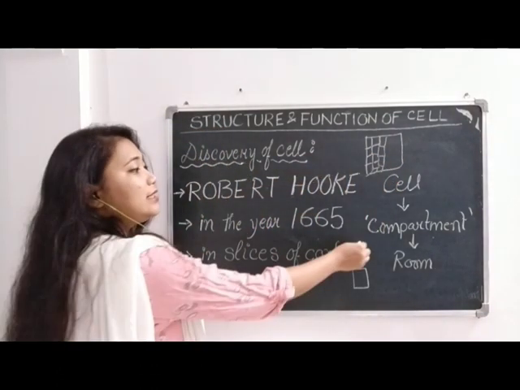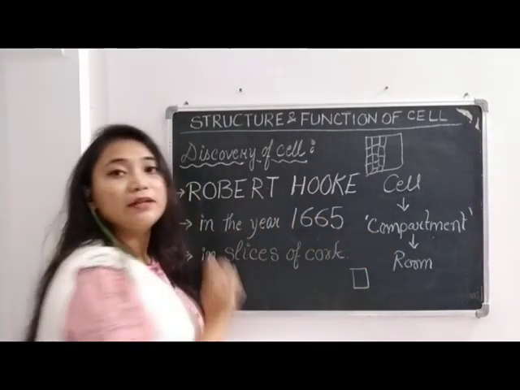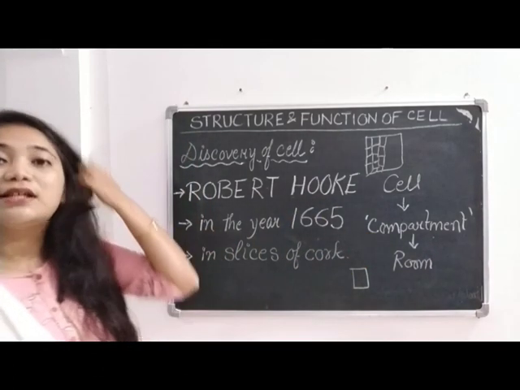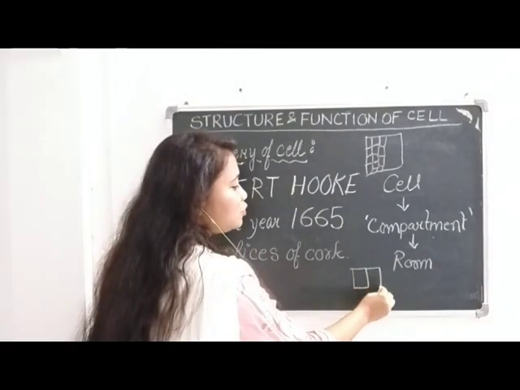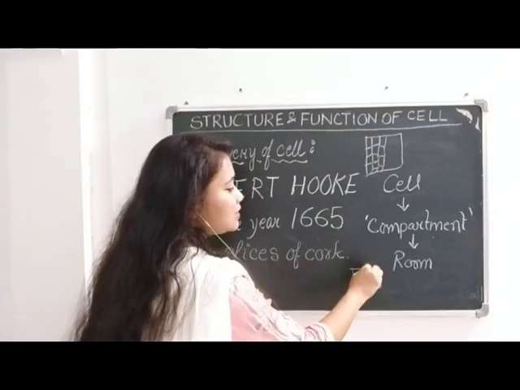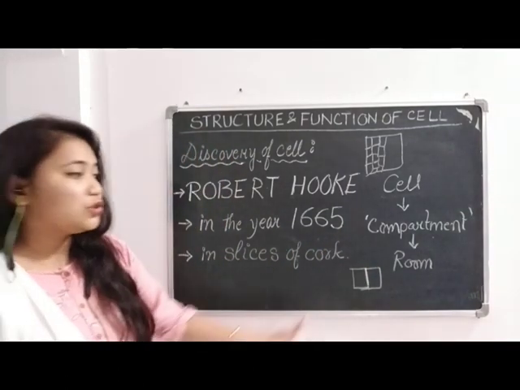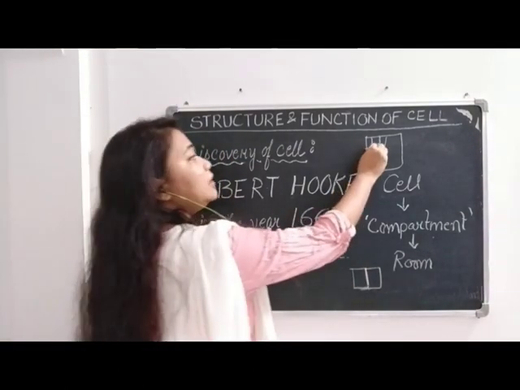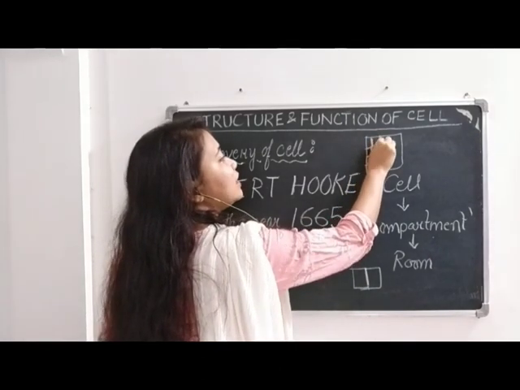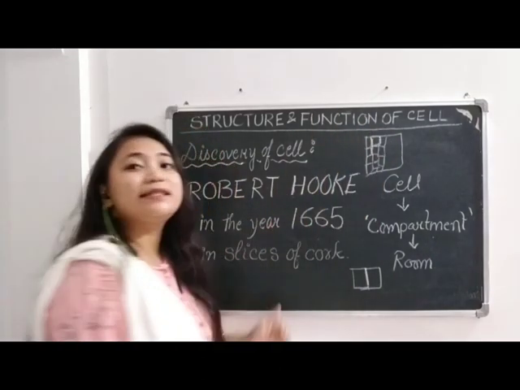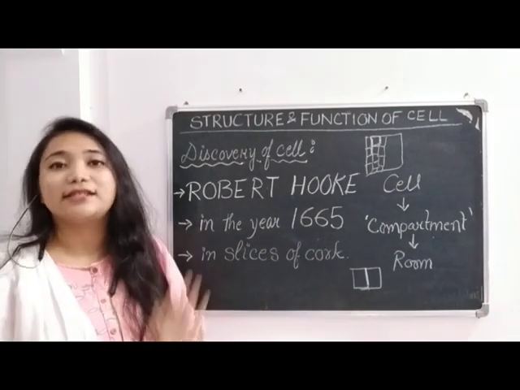He called these partitioned compartments. Partition means something where there is a partition, like if I say these are 2 rooms and there is a partition. So here also you can see between the cells there is a small partition. That means one cell is separated from the other cells.